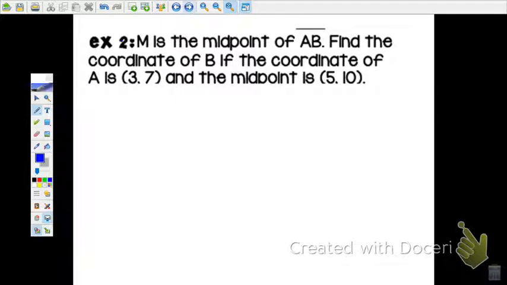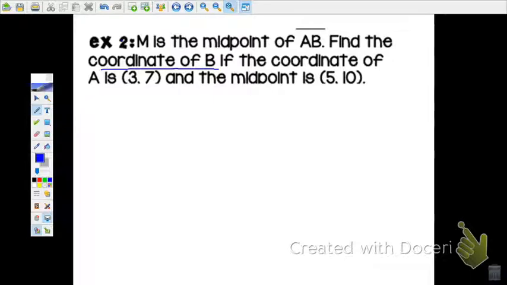With this next example, M is the midpoint of segment AB. This time, though, I'm finding the coordinate of B. So I'm finding one of the endpoints, given an endpoint and given the midpoint.